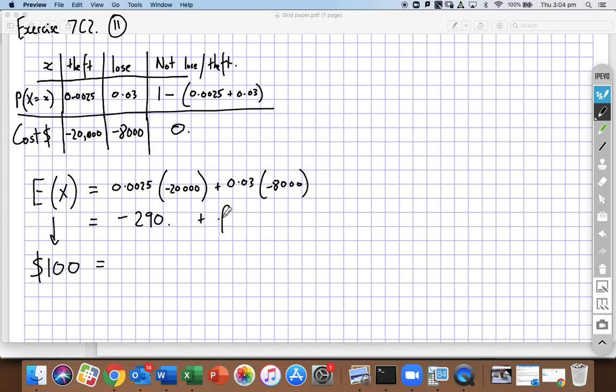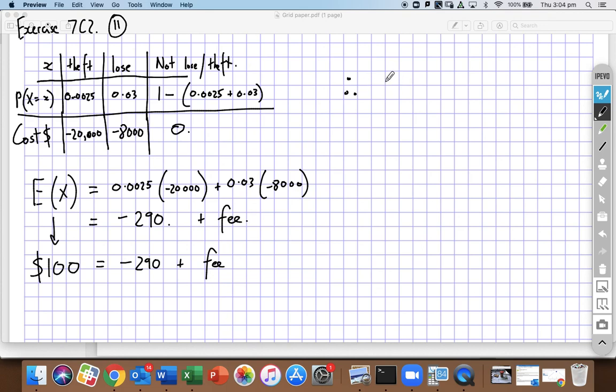They're going to have their fee, and that's going to gain them money. We've got to think about what the fee needs to be so that on average they would get to $100. So there's the 290 plus the mystery fee. What does that need to be? The fee would need to be $390.